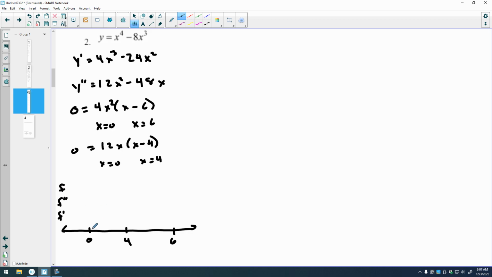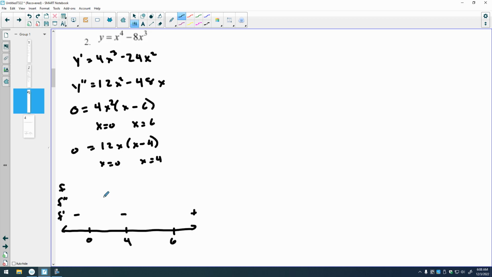Okay. To the left of 0, this is always positive. This will be negative. To the right of 0, but less than 6, like 4, this is still positive. This is still negative. No sign change. To the right of 6, this is now positive. That's always positive. So there's positive. All right.